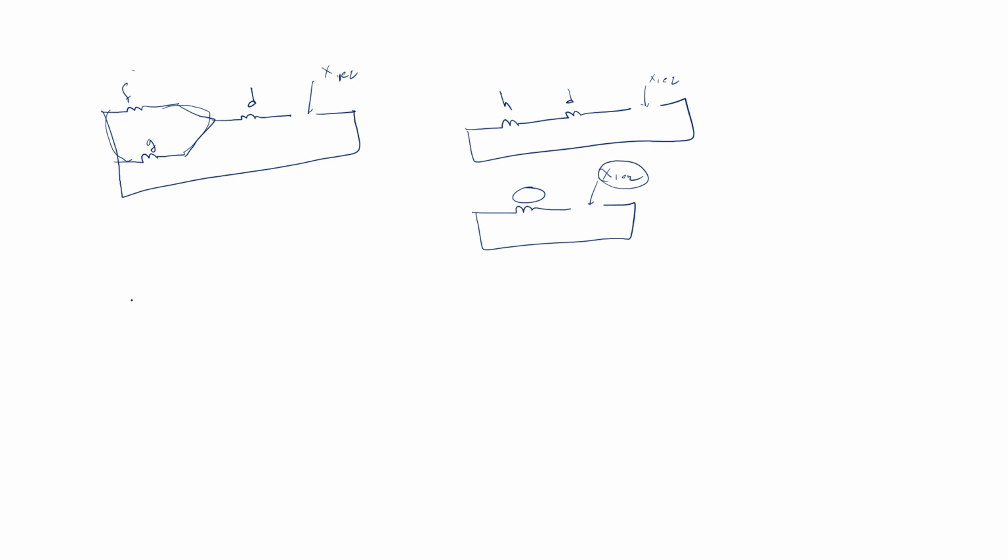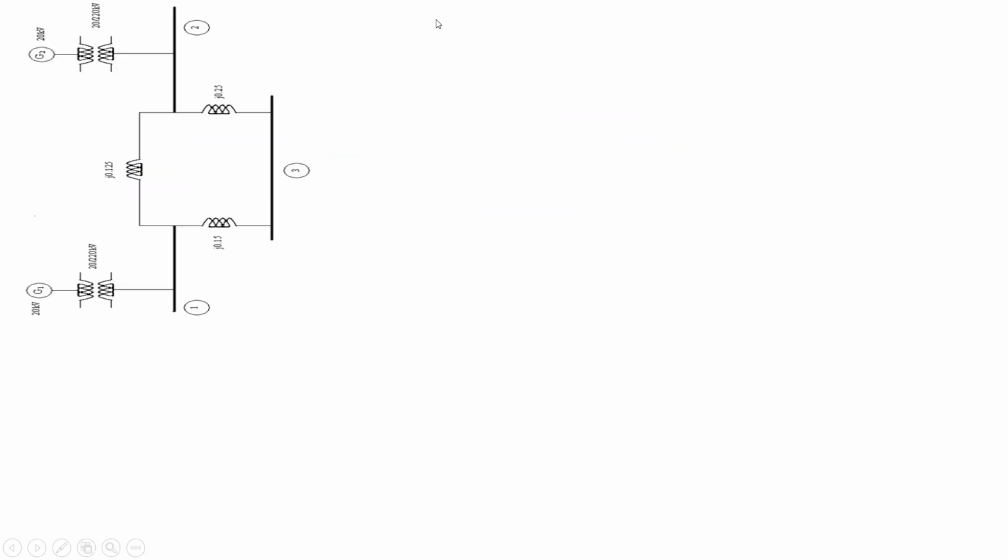Now if you want to draw the negative sequence diagram, what we need to do? The negative sequence network for the generator, again it is a neutral point.